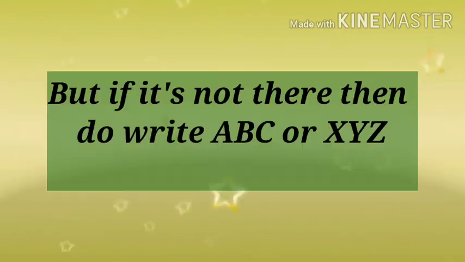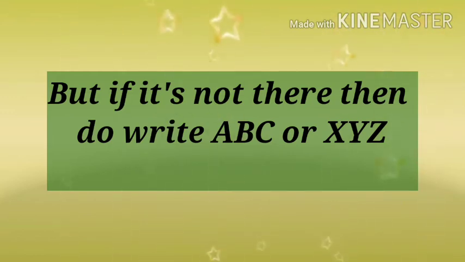But if it is not there, then you have to write ABC or XYZ. You should never ever mention your own name. It is not allowed in the board question paper. Is that clear? So you have to write ABC or XYZ.